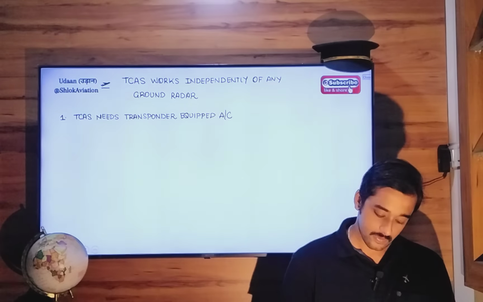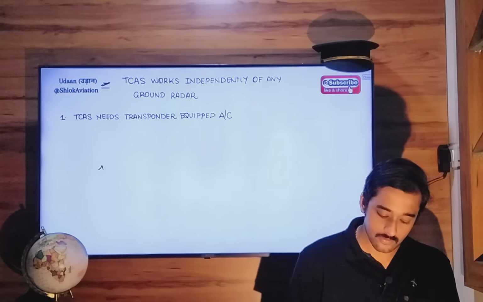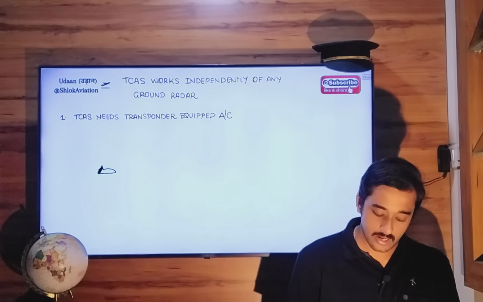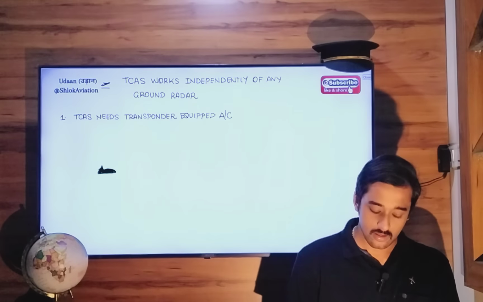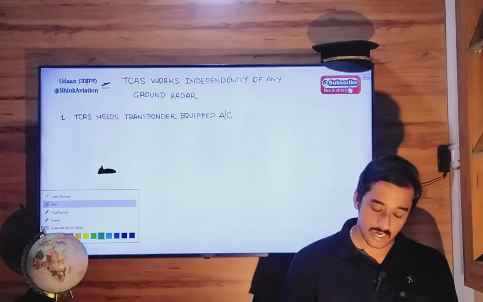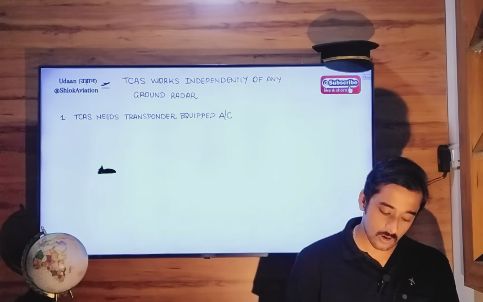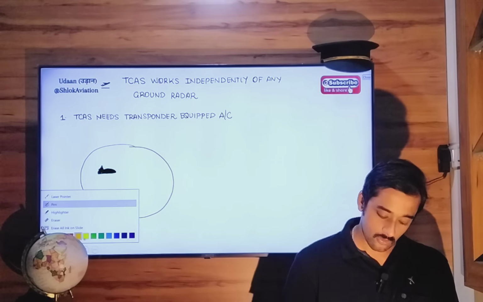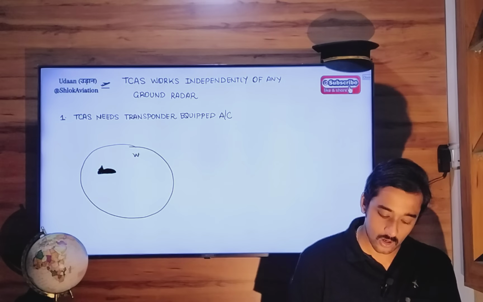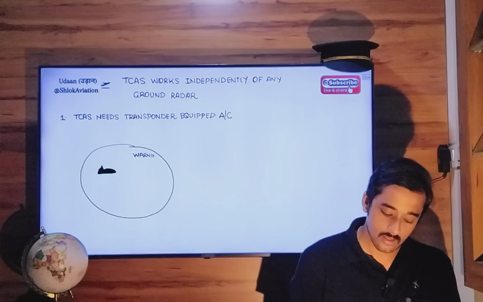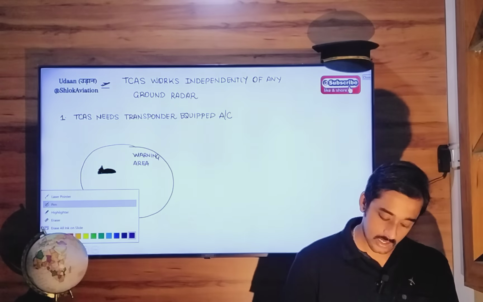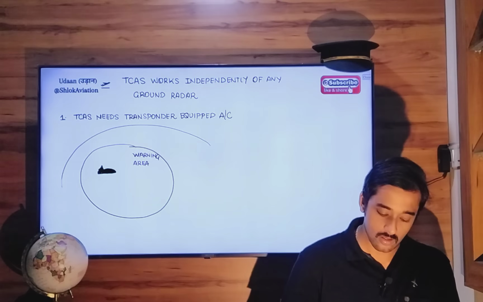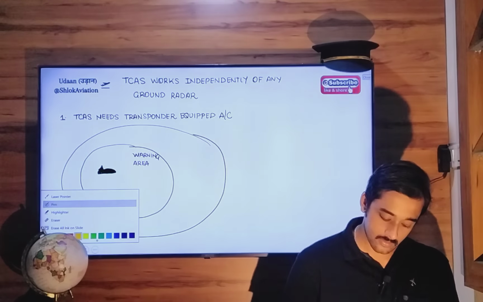So let's say this is your aircraft here. Your aircraft has a transponder. Around this aircraft there will be a first inner bubble called warning area or collision area, and the outer bubble called caution area.